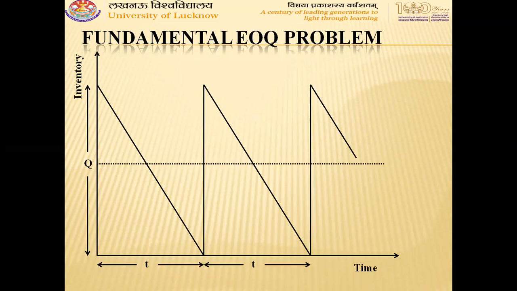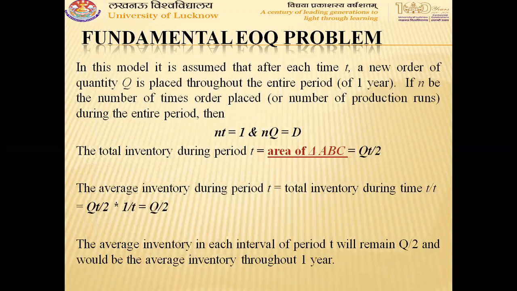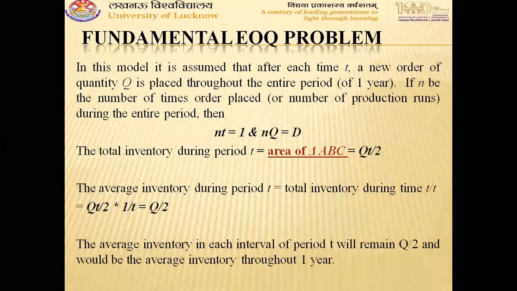And Q by 2 is called the average inventory. Now, how do we obtain the total cost and how do we minimize it? In this model, it is assumed that after each time T, a new order of Q quantity is placed throughout the entire period of 1 year.